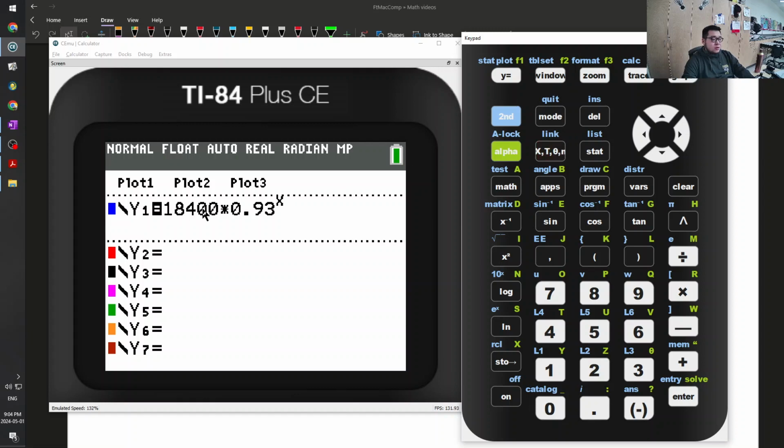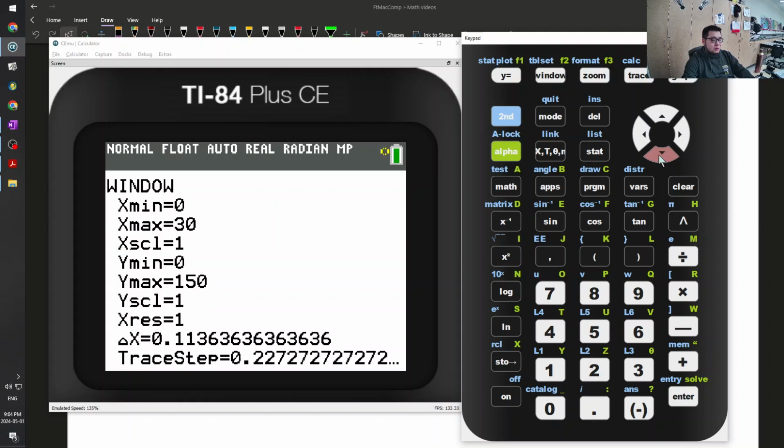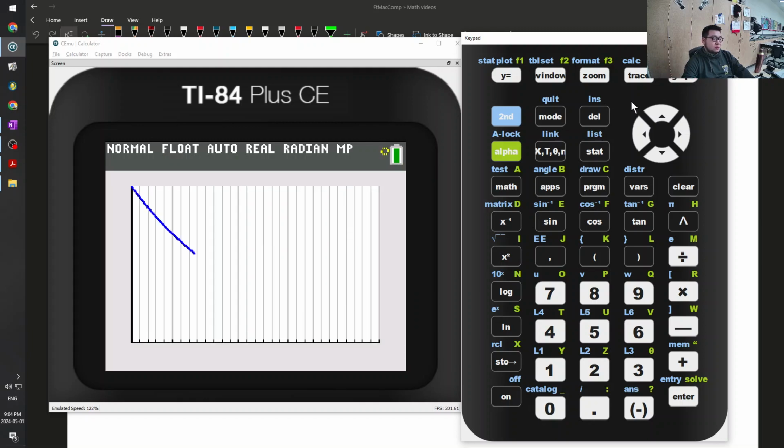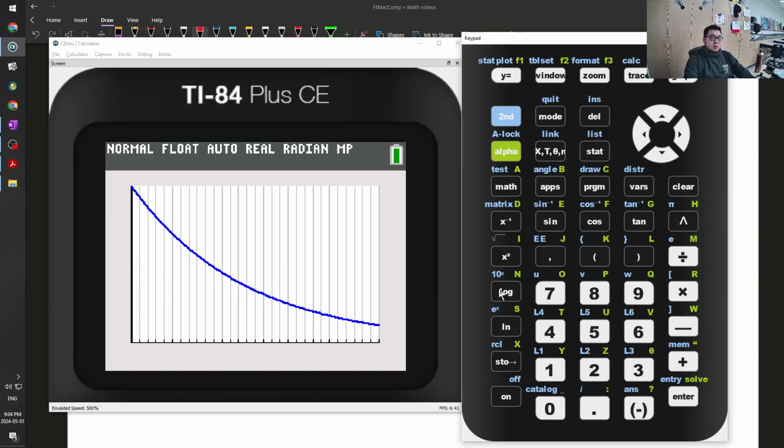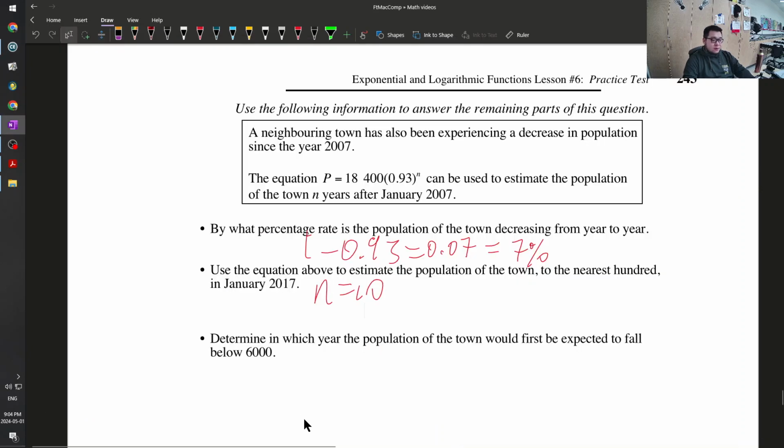I will start off at 18400, so that will be my y maximum, and let's say we run it for a period of 30 years. 2017 means n is equal to 10. So trace 10, enter. 8905. So to the nearest 100, 8900 people.